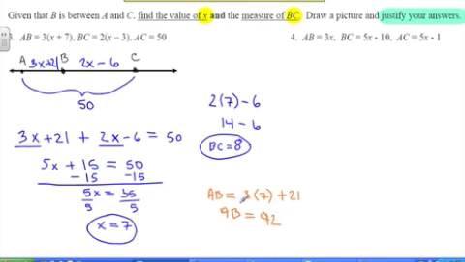Okay, so now I have AB is 42, and that means this is 42, and this piece we said was 8, and 42 plus 8 had better equal 50, because that's what it's supposed to add up to. And it does. I've just verified that I did it correctly. And you should never miss that on an exam. Take the time to plug it in.